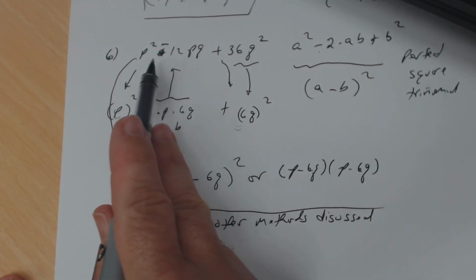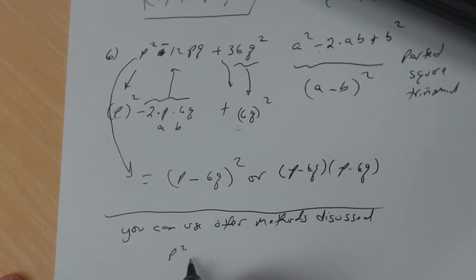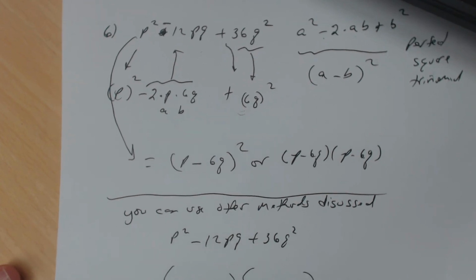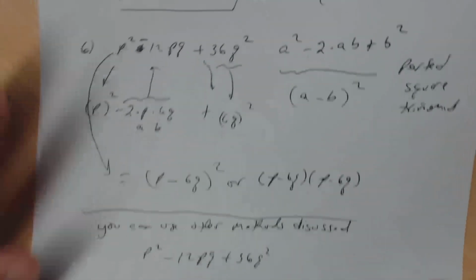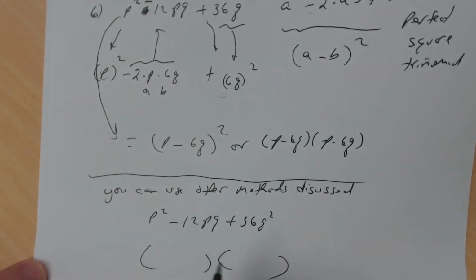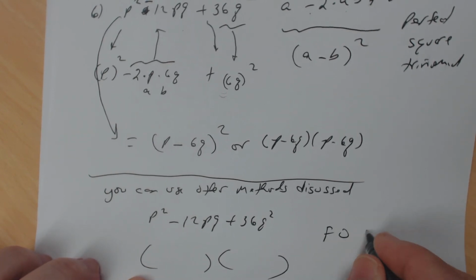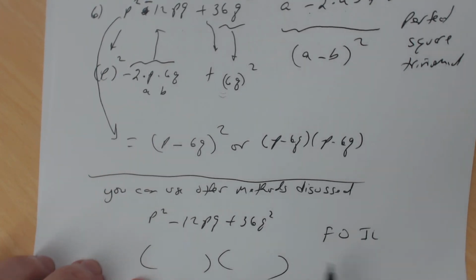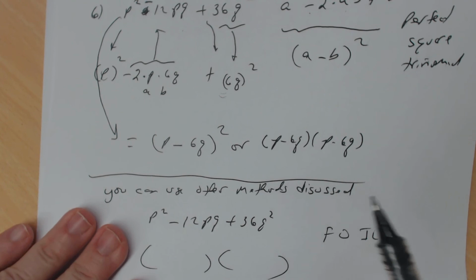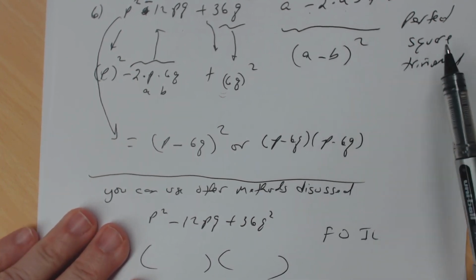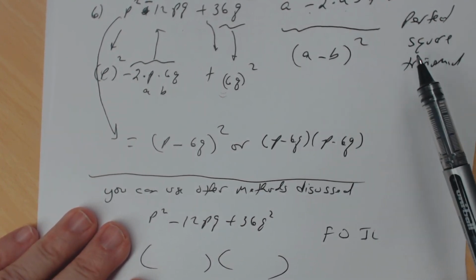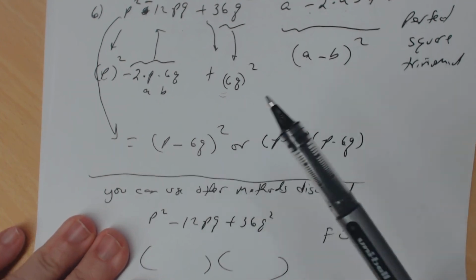But if you have the same problem here, p squared minus 12pq plus 36q squared, now remember the GCF is 1, but just going directly to the two binomials, first times first, using FOIL, you get the same thing, and it's quicker. I mean, this is obviously quicker, but I do need you to understand in terms of a perfect square trinomial why it's called a perfect square trinomial.